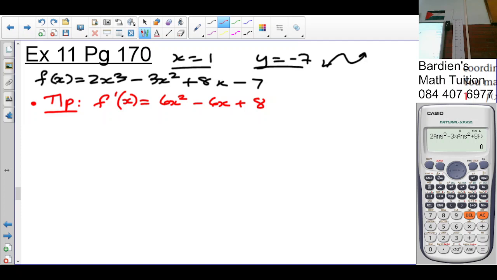So is it equal to 0 then? So you can use the quadratic formula again. You use a calculator, so it's going to be 6, negative 6 and 8. What do you notice? No solution then.